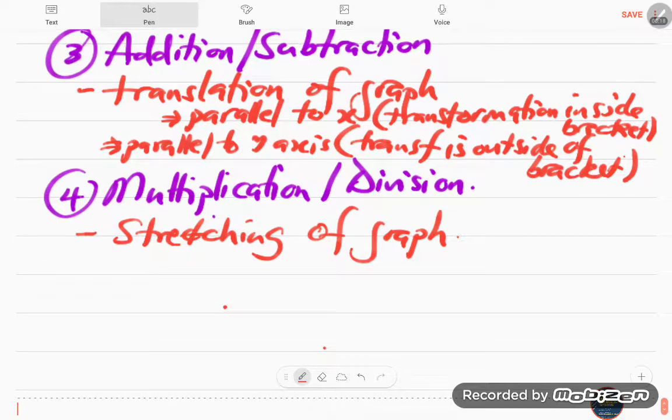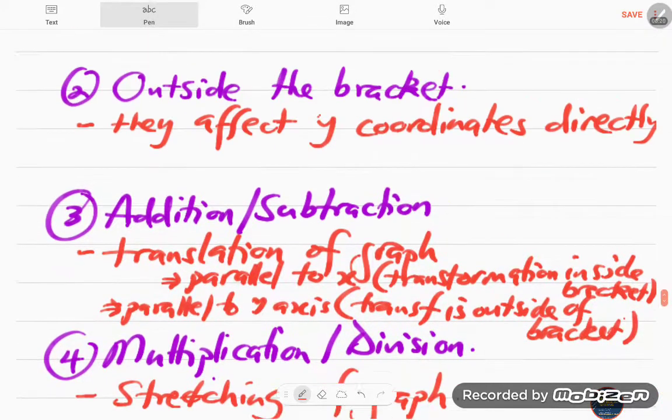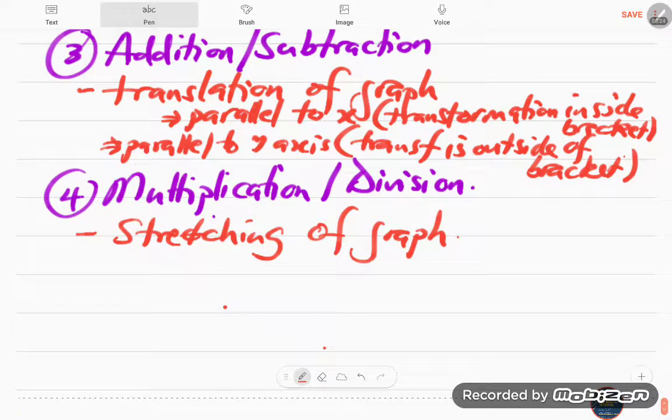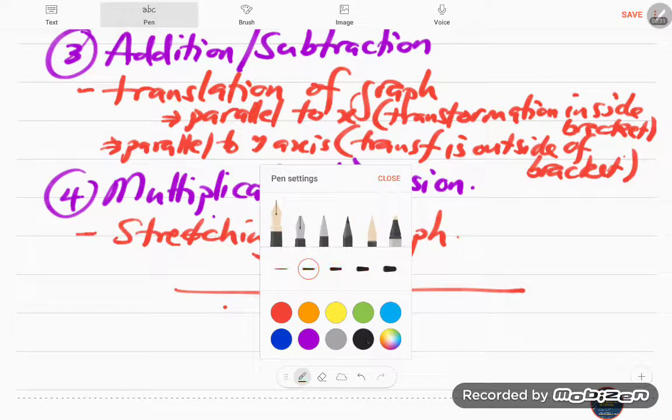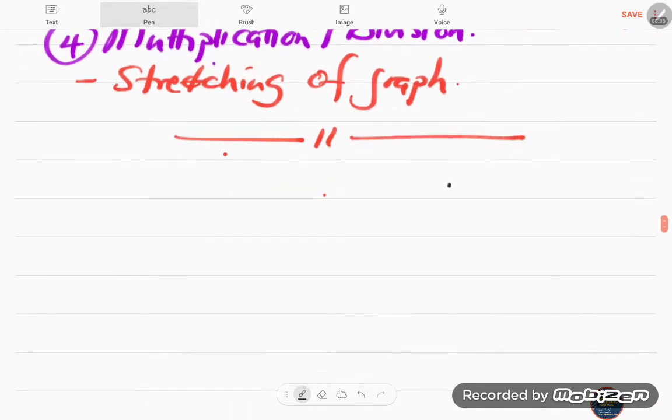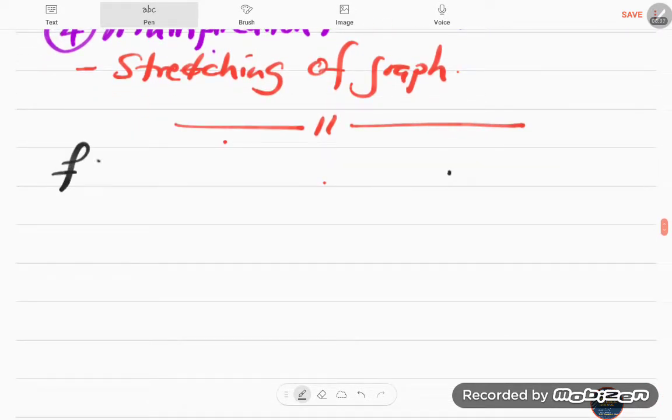Right, now let's look at the specific cases that you're going to have to apply in a summarized format. Okay, just going to draw this here. Going to go back to a black pen. Right. Now, if you have, for example, f of x plus a, okay, I promised to use a 2, so I'm going to use the 2 right there. So it means that because it's inside the bracket, it's going to affect the x coordinates.